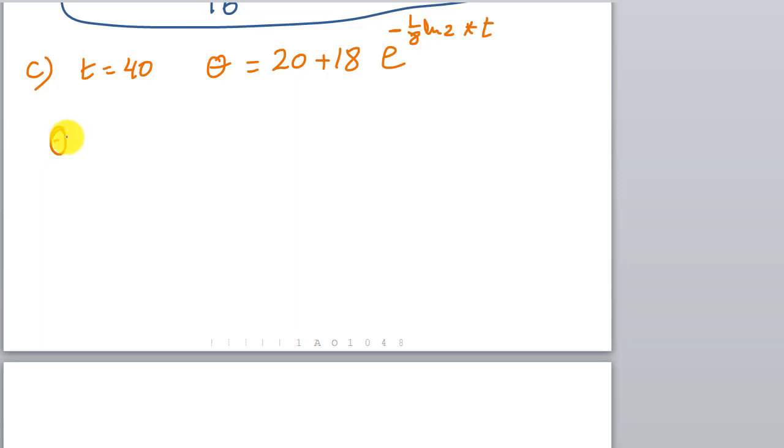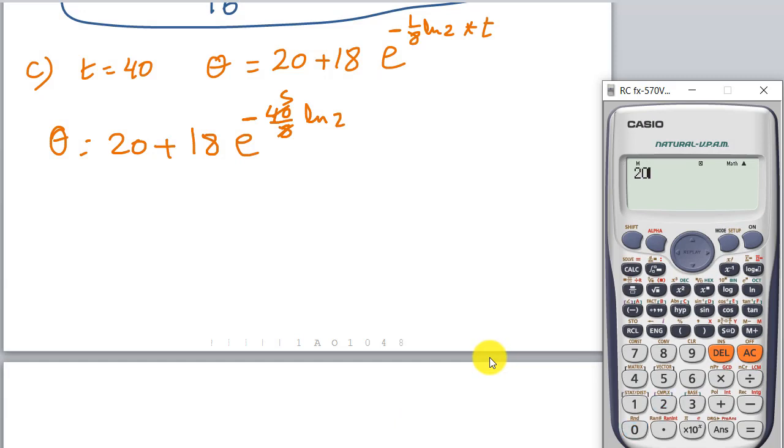So theta is 20 plus 18 e^(-40 divided by 8, which is 5 ln 2). Let us start to find this value. 20 plus 18 multiplied by e^(-5 ln 2).